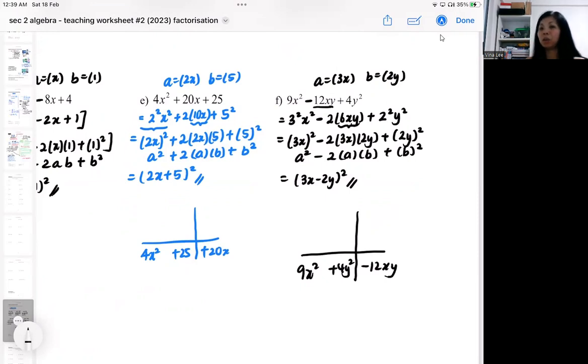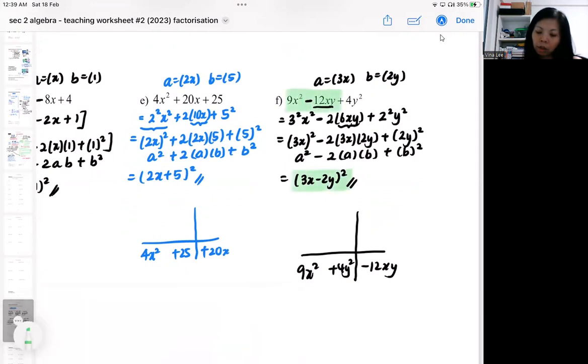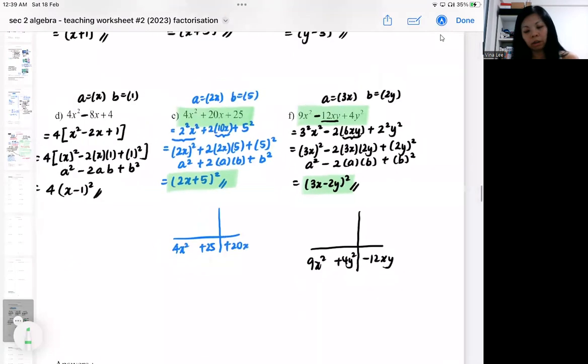But let's say you can see it directly, you can just straight away give the answer. There are people who, from here, directly give the answer. If you are aiming to do double math, or your school is like no choice, you have to do double math in upper secondary, you've got to be very strong in all this factorization and expansion.